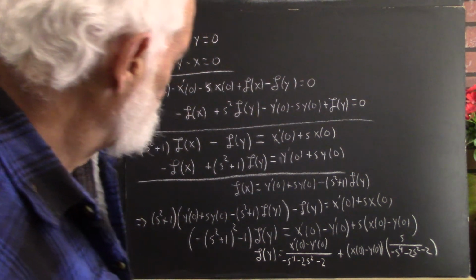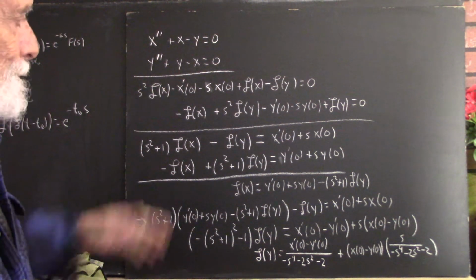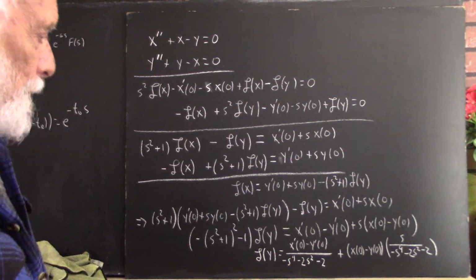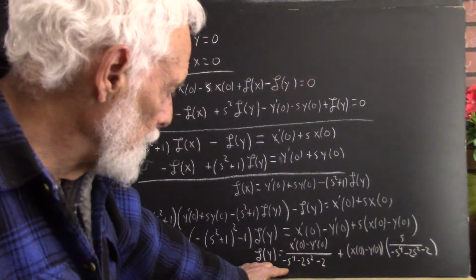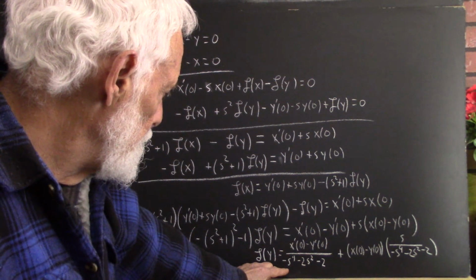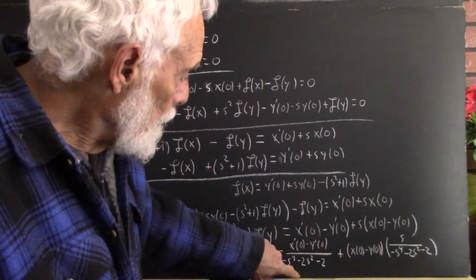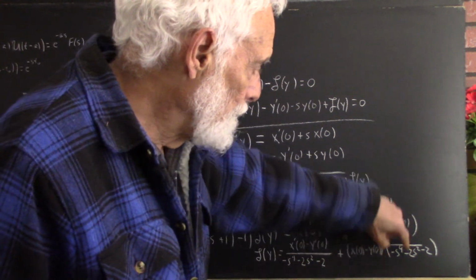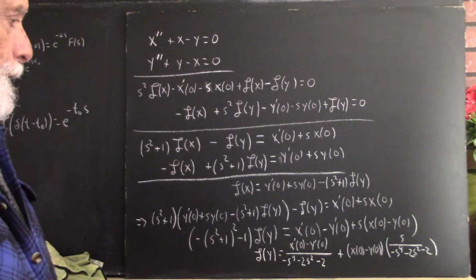So again, I have something kind of mysterious here. This denominator doesn't do what I want it to do. But I'm not going to pursue it. You just have a number over this, and a number times this over this, and you apply the initial conditions.